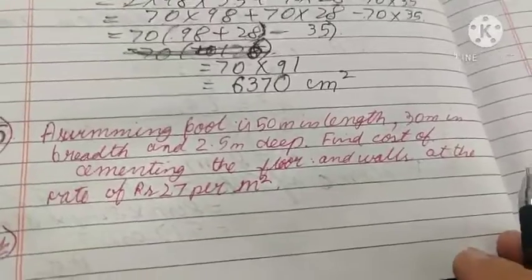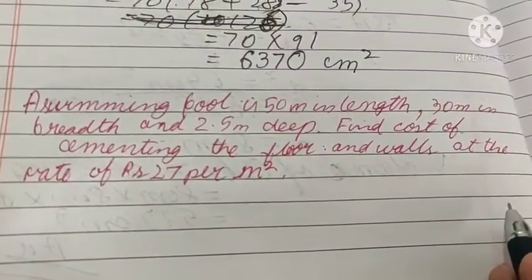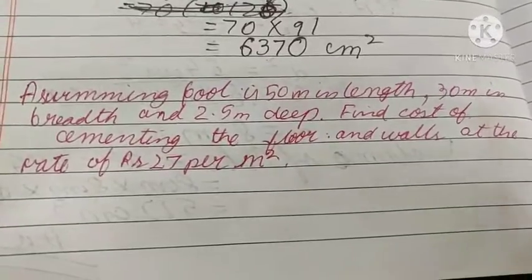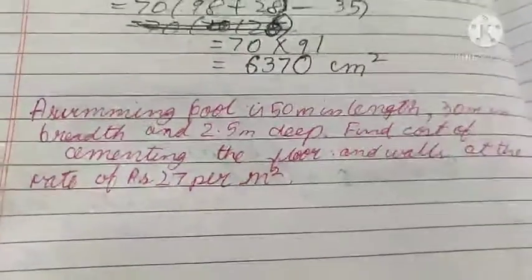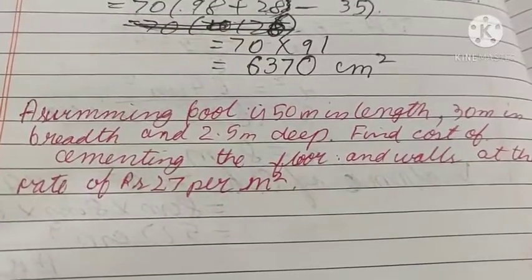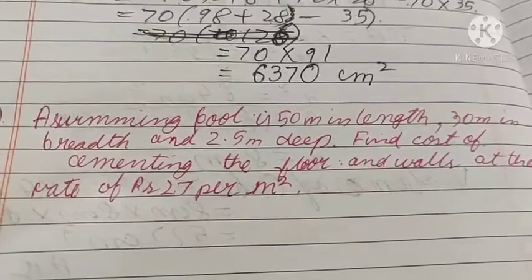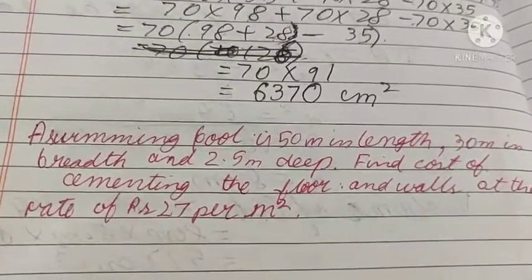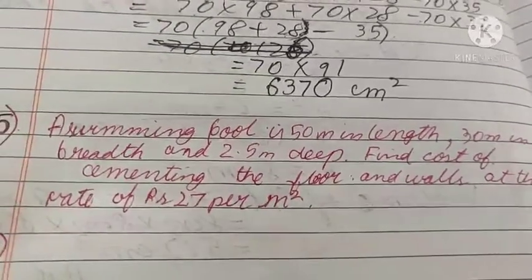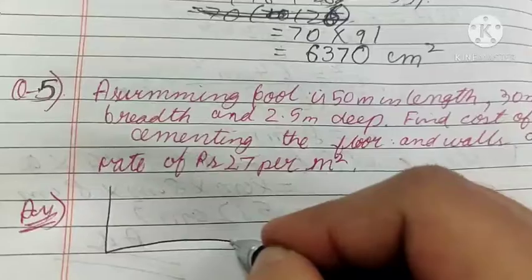So this is our next question that says a swimming pool of 50 meter length, 30 meter breadth and 2.5 meter deep is to be cemented. Cementing is done on the walls of the pool, means cement is not filled inside the pool, but the cement is just put on the walls and the floor of the swimming pool.